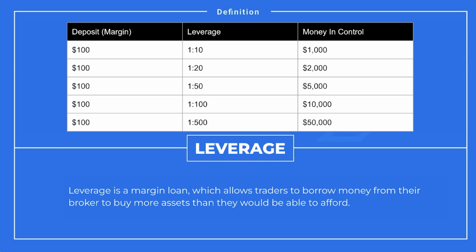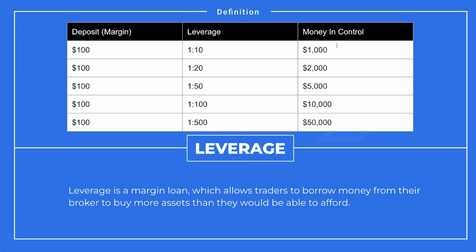Let's say you deposit $100 and the leverage is 1 to 10. This means for every dollar, they're going to match you with $10. So if you put $100 in, you actually have $1,000 in your control. That means you have the power to buy with $1,000.